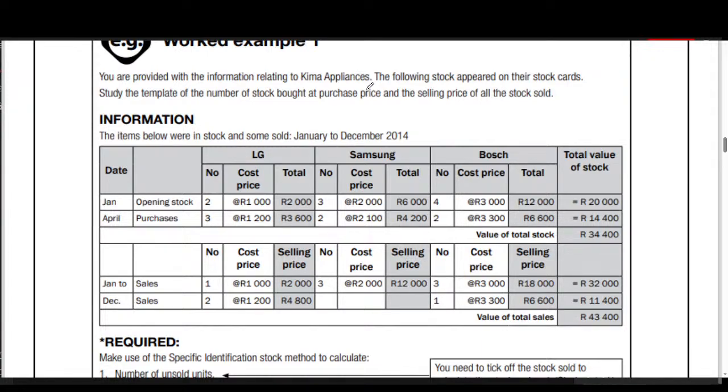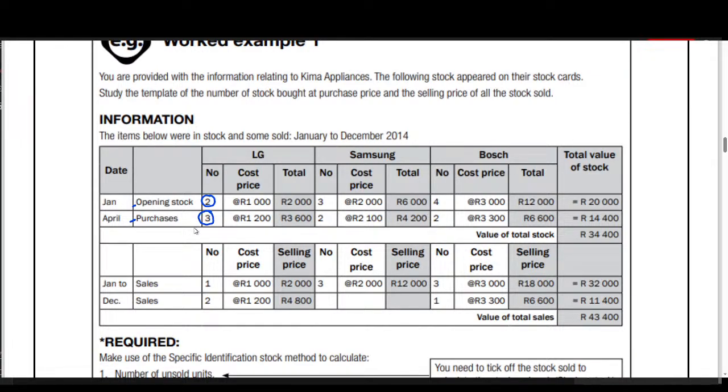So what is happening here? We have the opening stock, and we have the purchases. When you go to the LG, we can see that we have 2 units on the opening, and then we bought 3 items. If you look, the cost prices are differing.